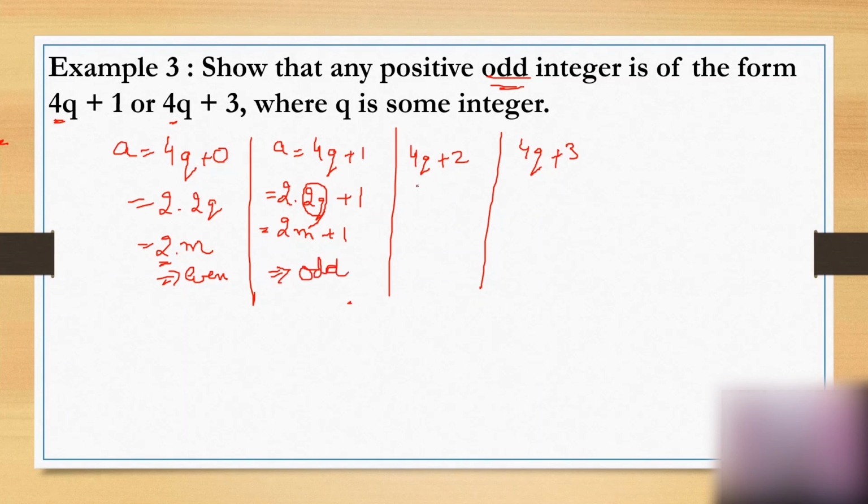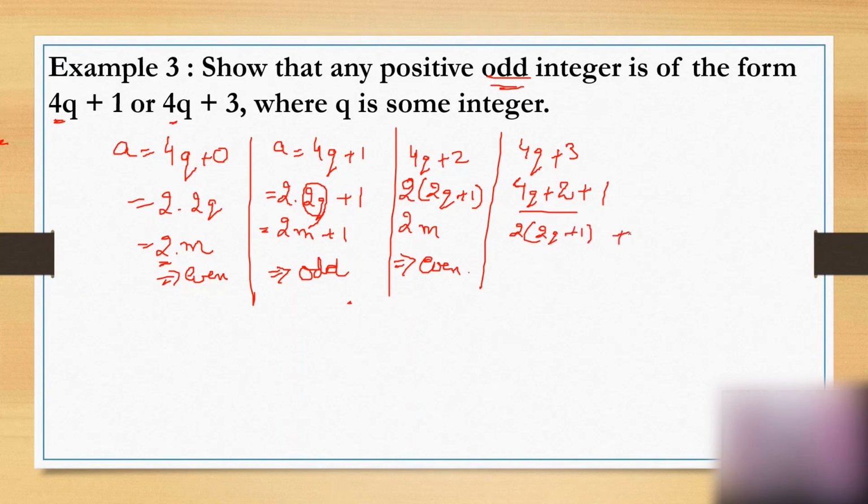It means this is an odd number. Now if a number leaves remainder 2, we can take 2 common, 2q plus 1. It means this is 2 into something, so the number is divisible by 2. This concludes that this number is an even number. And here 4q plus 3 can be written as 4q plus 2 plus 1. We can take 2 common, 2q plus 1 is left inside, plus 1.